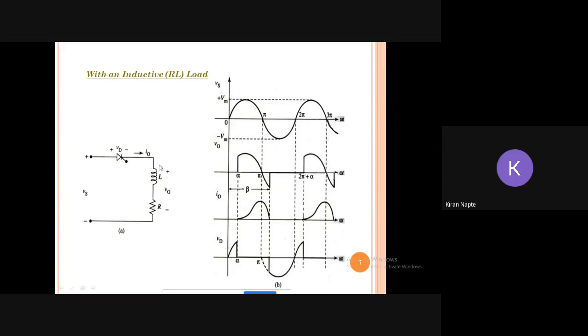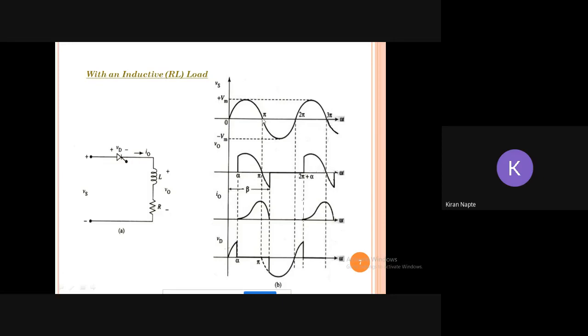See, this inductor is basically a charge storing device, an energy storing device, right? So during the positive half cycle, what happens? The SCR is forward biased, and current flows from the positive to the negative terminal. During this positive half cycle, the inductor stores a large amount of energy.